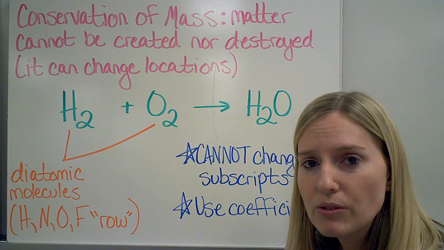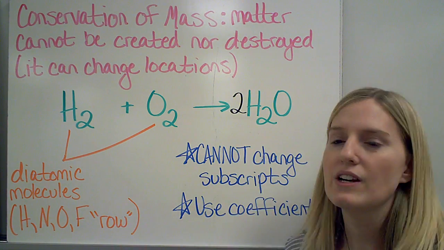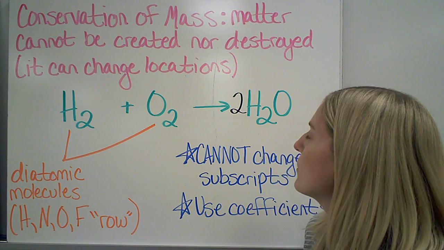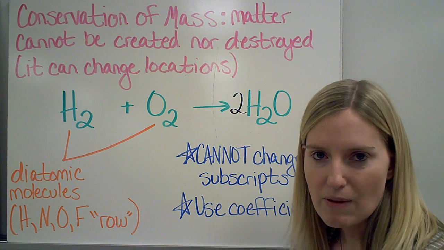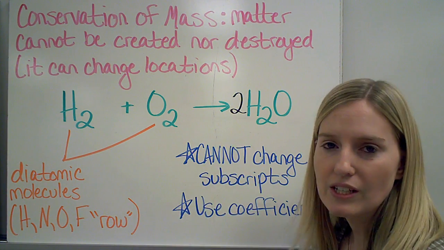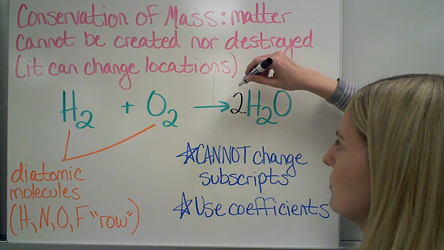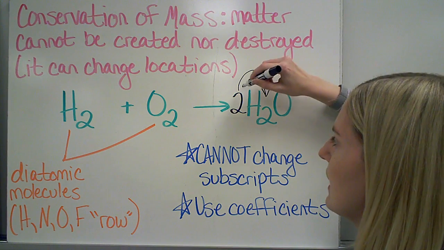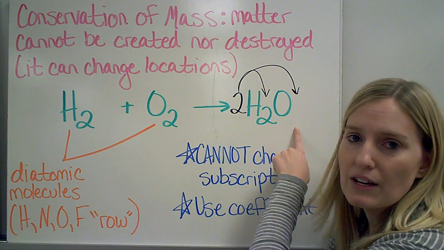So what I do is I put a number 2 in front of H2O. So what that means is I now have 2 oxygens. It's kind of like in math class where the coefficient gets distributed to everything that's after it. So the 2 gets distributed to this one and distributed to that imaginary 1 that we have after the O.